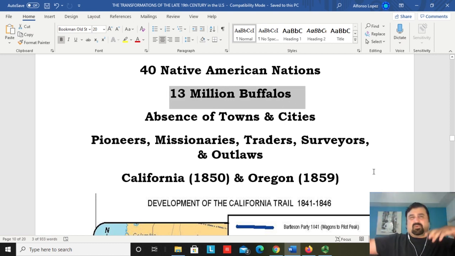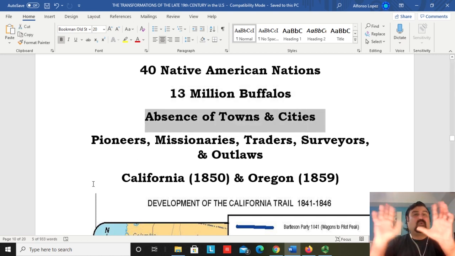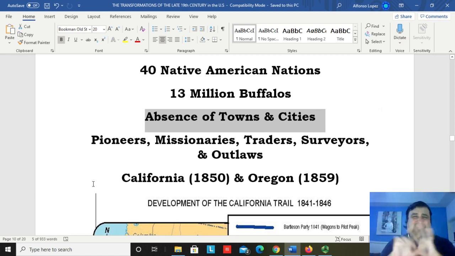They were traveling according to the seasons, north and south, and many of those Native American nations were following the herds of the buffalo up and down according to the seasons, and they lived off the hunting of the buffalo. The buffalo was the main form of sustenance of those Native American groups. This region, the so-called Wild West, is called wild because it's still nature in the wild, so to speak.